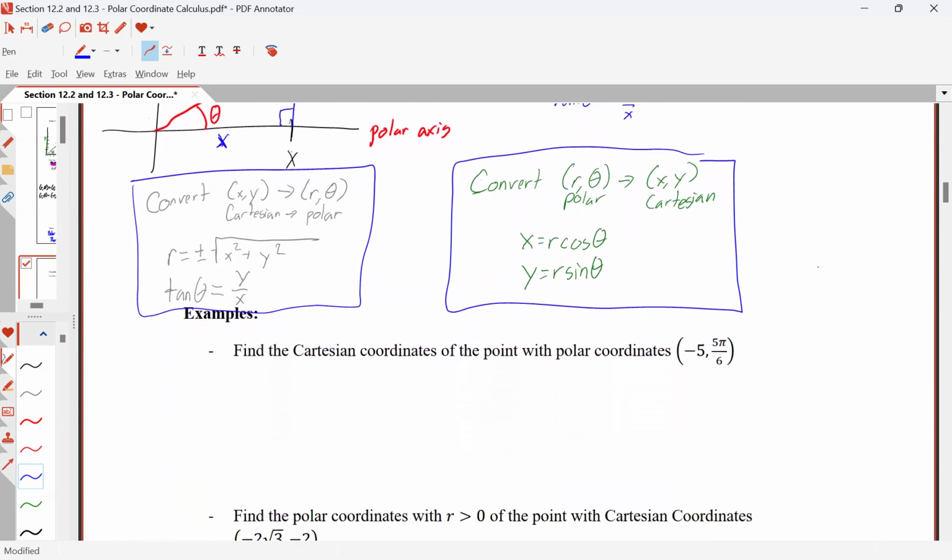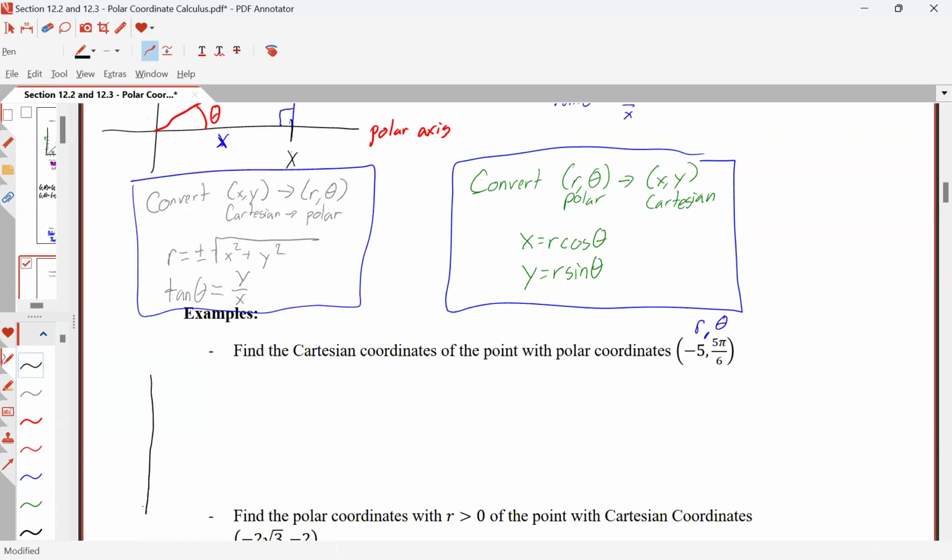Suppose we want to find the Cartesian coordinates of the point -5, 5 pi over 6. That means we have an r of -5 and a theta of 5 pi over 6.